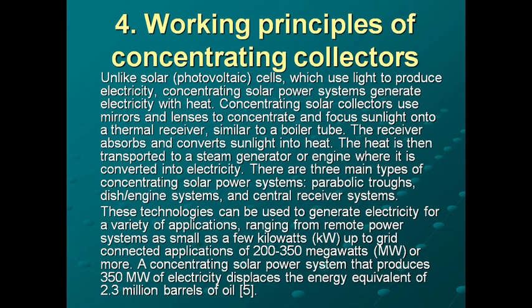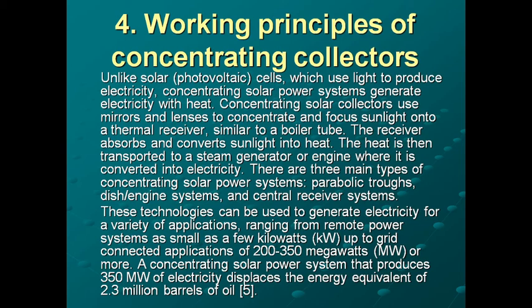So now we are going to understand the working principle of concentrating collectors. See, photovoltaic cells use light to produce electricity, whereas concentrating solar power systems generate electricity with heat. Concentrating solar collectors use mirrors and lenses to concentrate and focus sunlight onto a thermal receiver similar to an absorber tube. The receiver absorbs and converts sunlight into heat.